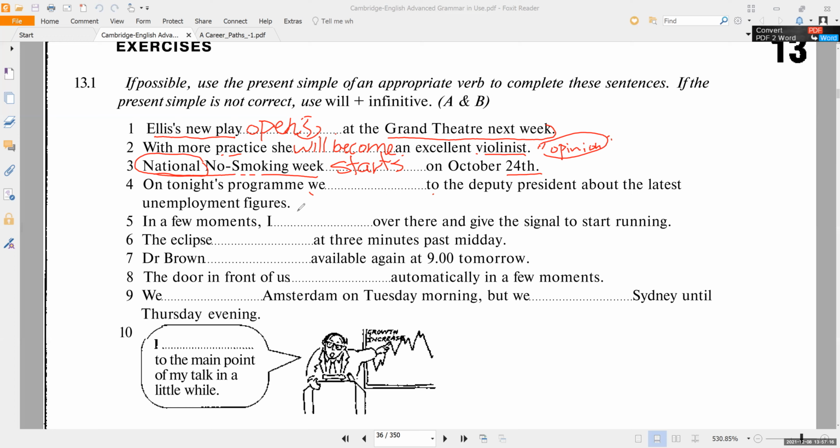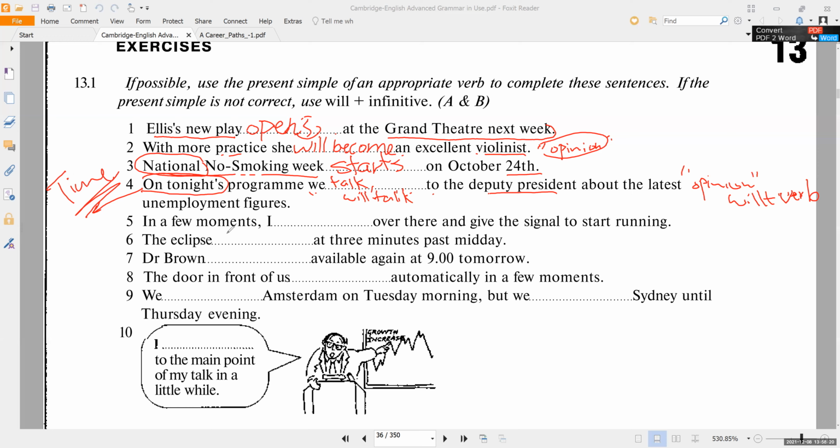On tonight's program في برنامج الليلة we to the Deputy President نستمع إلى نائب الرئيس about the latest unemployment figures اللي تتكلم عن أرقام البطالة أو عدم العمل. إذا number 4 we talk، ممكن حنقول we talk نتحدث، أو ممكن هنا نستخدم will talk also is possible. الحالتين ممكنة إنه نستخدم. ليش؟ لأنه tonight's program معناها نتكلم عن وقت محدد، برنامج مسائي معناه وقت محدد نقدر نقول talk، أو باعتباره opinion شخصي نستخدم will زائدا فعل. فالحلين ممكنين.